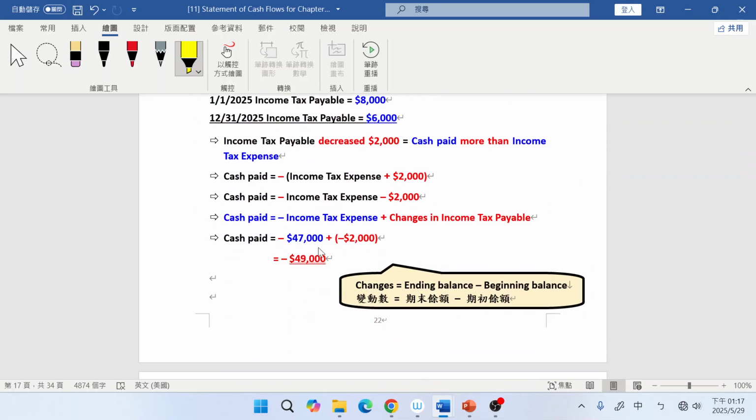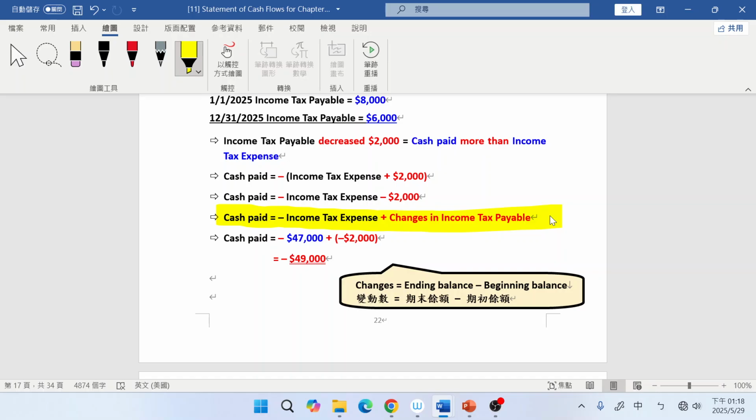Also, plus changing income tax payable, right? So based on this, what's our formula? Current assets, we use minus. Current liabilities, we use plus. That's the formula we are going to use for our indirect method.